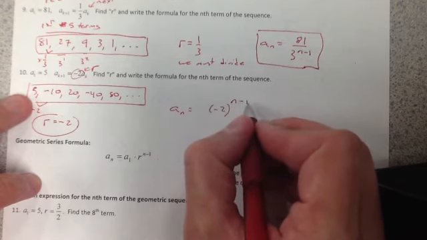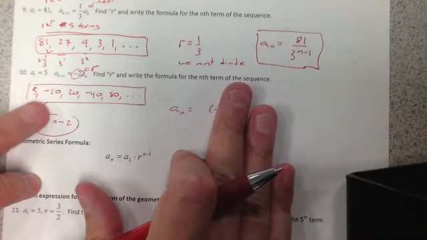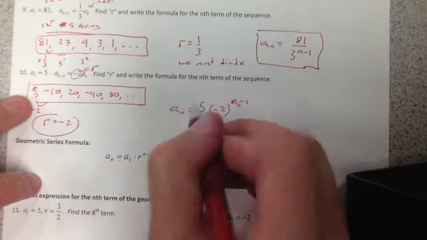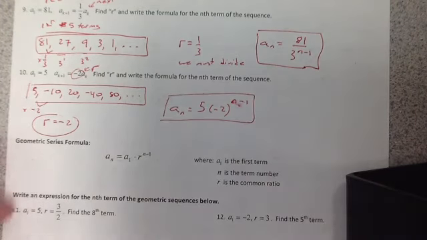So 1 minus 1 is 0, which is going to make this 1. And what do I need to multiply 1 by to make it 5? By 5. And there we have it. There is our nth term. Now, when you go to part 2, geometric series formula, we're actually going to talk about how we get this formula. We're not going to derive it, but we're going to learn how to use this formula, so you don't have to make them up on the fly like this. All right, so go to part 2, we'll take a look at those.